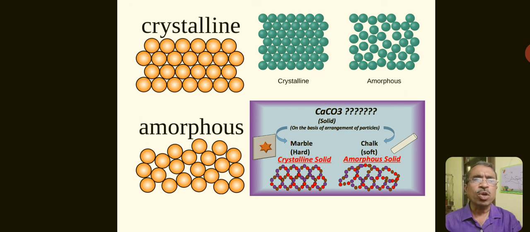Atoms, molecules or ions are shown in the form of spheres. I have given the example of marble, which is a crystalline solid having a definite geometry, whereas chalk is an amorphous solid where the atoms are haphazardly arranged.